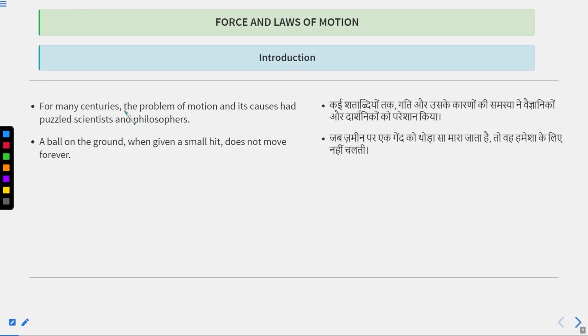For many centuries, the problem of motion and its cause had puzzled scientists and philosophers. Okay, a ball is on the ground. We give it a small hit, and it does not move forever. It moves a few distance, but it will eventually stop after some time.